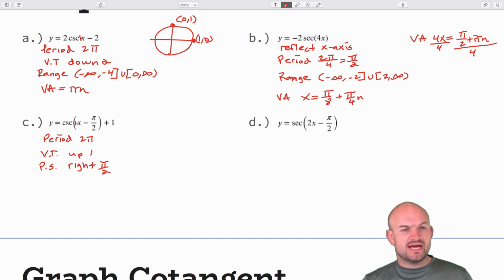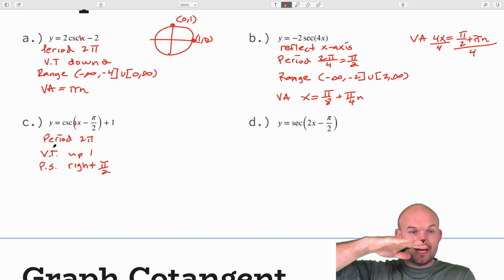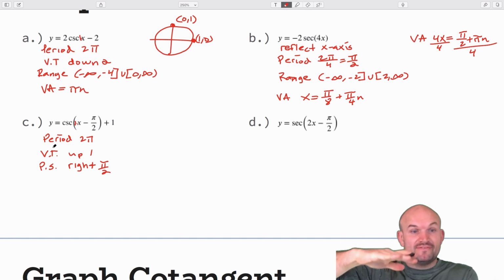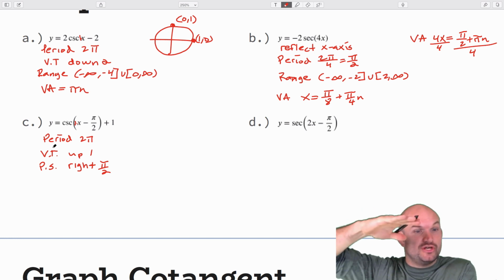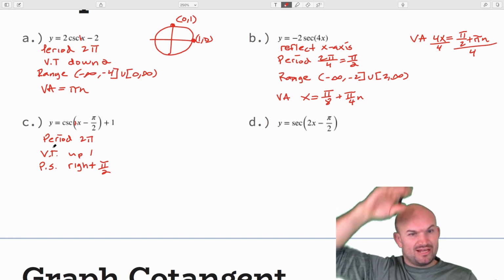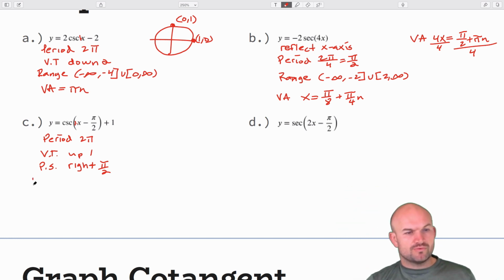As far as the range, for sine it is from -1 to 1, but if I shift it up 1, now it's going to be from 0 to 2. The cosecant is just the mirrored image of that range. So the range here is going to be from -infinity to 0, union 0 to infinity.